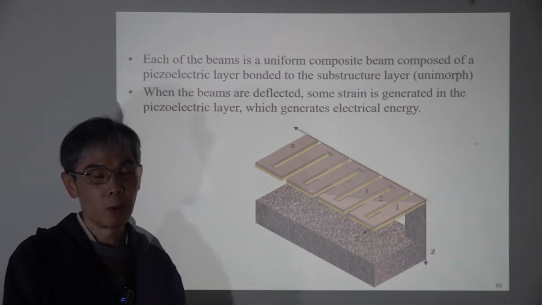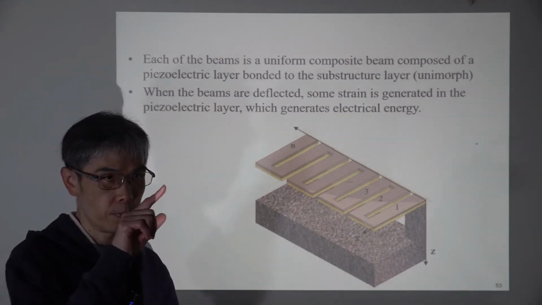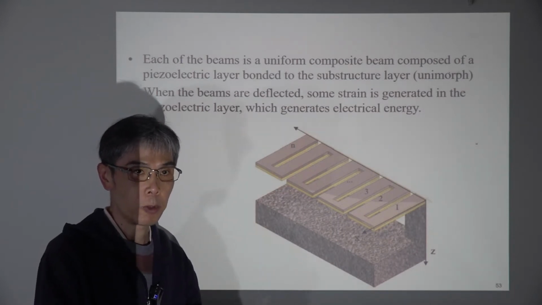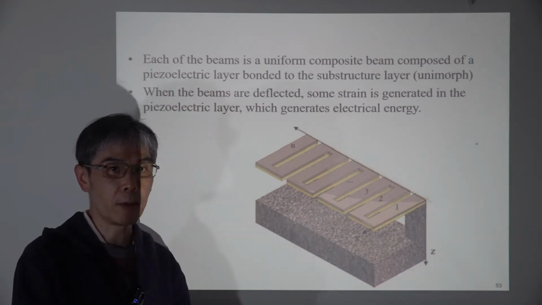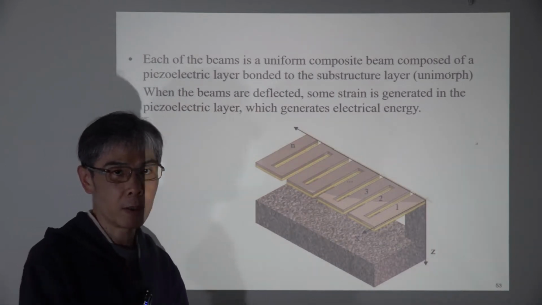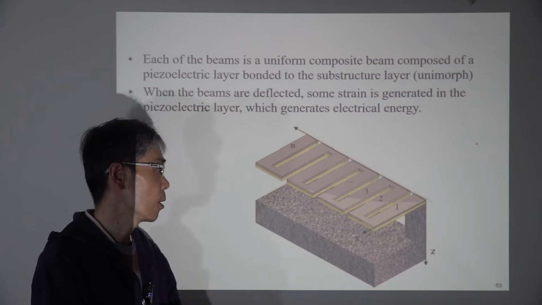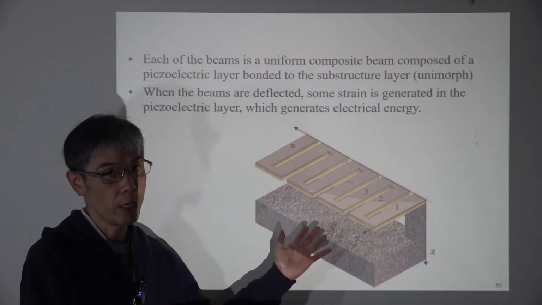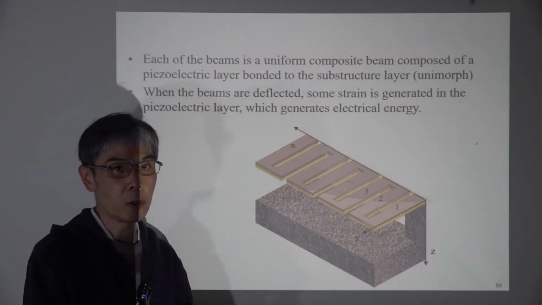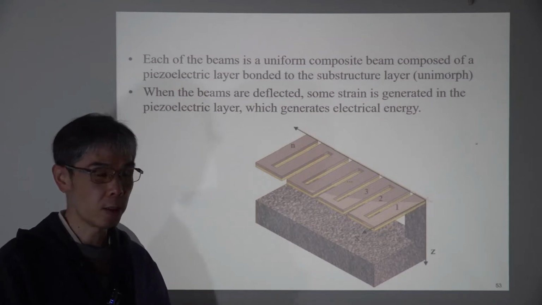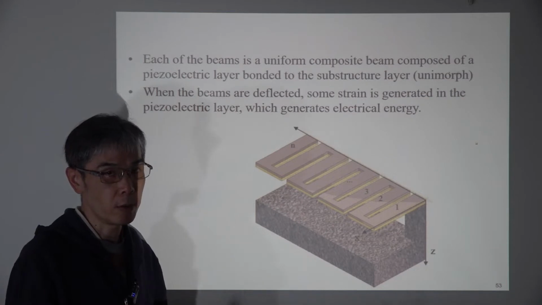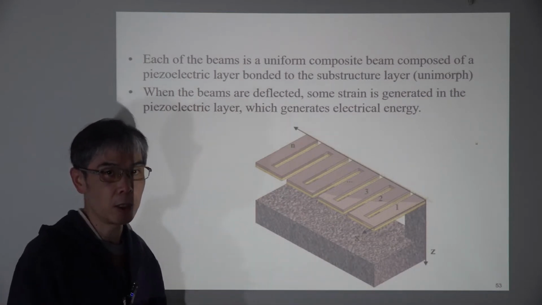Remember, the charge density equals the dielectric constant multiplied by the electric field, plus the piezoelectric coefficients multiplied by stress. So we have stress, then we could generate charge, the electric displacement or charge density on the electrodes, which is good, so that we can take those as the current.